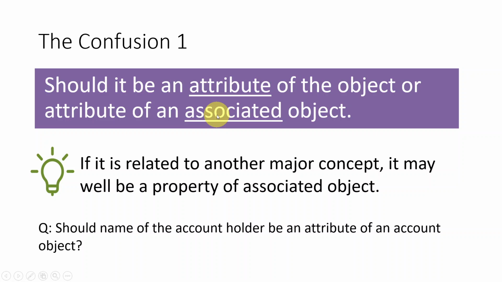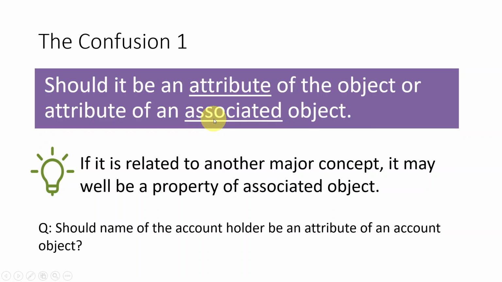If you take a debit card or bank passbook, you may have seen the account holder's name. So sometimes you may feel like the account holder's name should be an attribute because everywhere you see it. But in reality, the account holder's name must be an attribute of the account holder class or account holder object.